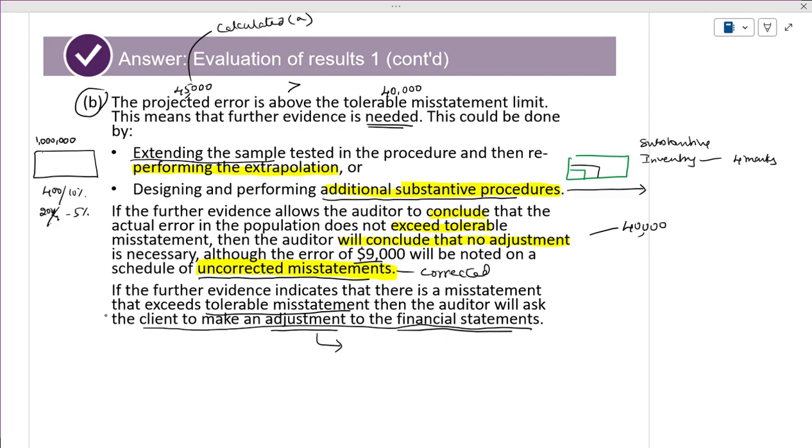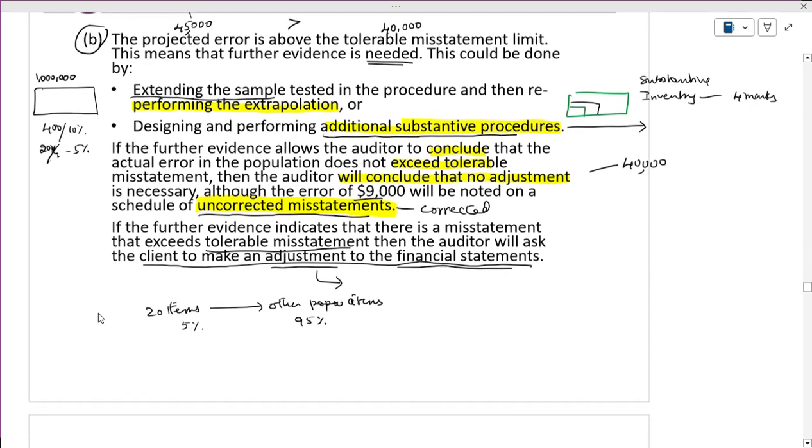We have tested only 5%. We have to know whether it holds for other items.